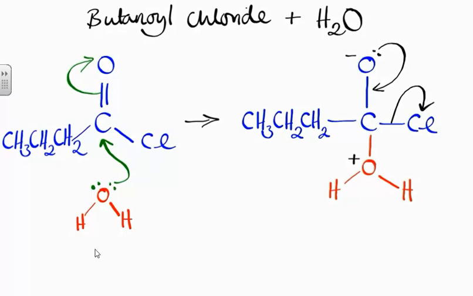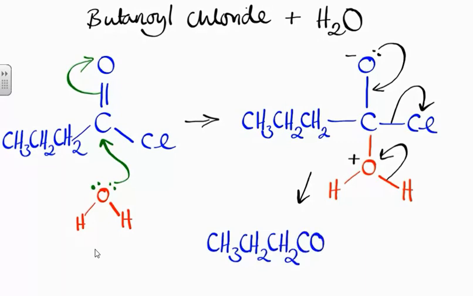Let's kick out the chloride and let the oxygen get its electron back. What is that going to make? Again, it's a carboxylic acid, this time butanoic acid, as well as HCl.